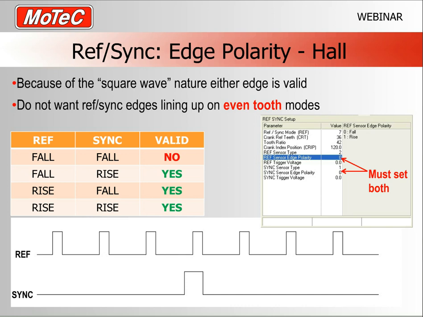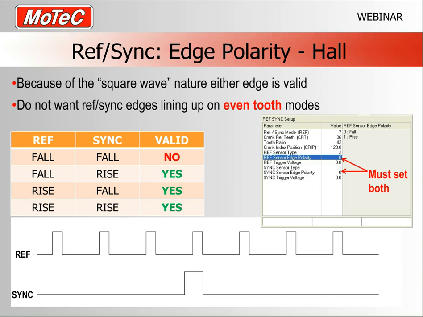Next parameter is our edge polarity. So of the signal, we need to tell the ECU specifically which part of it to use. Now, for a Hall sensor, we have a nice simple switch on or off.